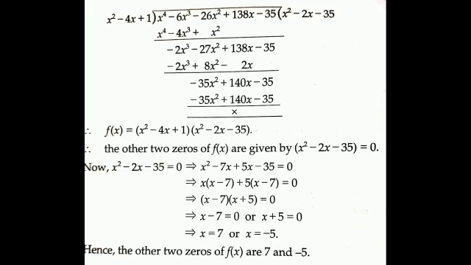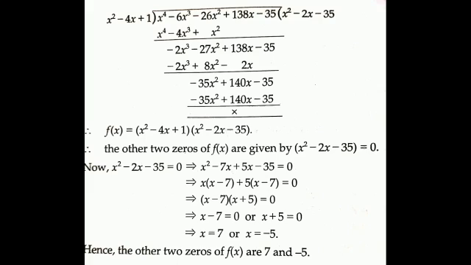So minus 2x can be written as minus 7x plus 5x. Taking x common in the first two terms, we have x into x minus 7, plus 5 is common in the last two terms, 5 into x minus 7, and that is equal to 0 since we want to find the zeros of it. So x minus 7 into x plus 5 is equal to 0. Therefore x is equal to 7 and x is equal to minus 5.